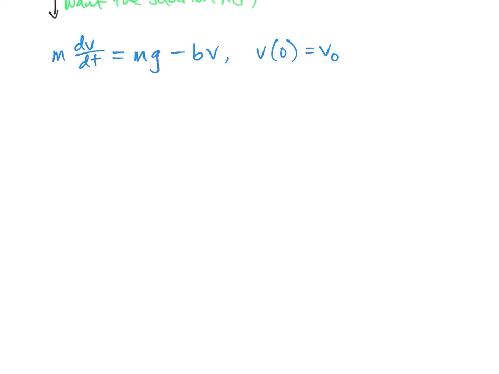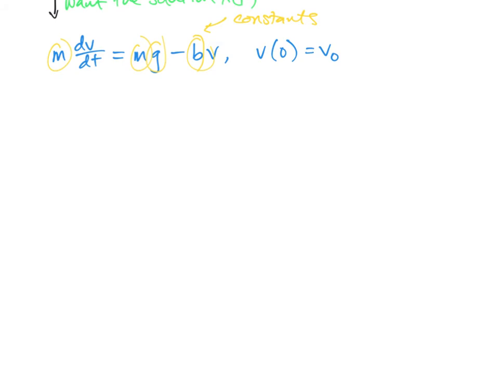It is an equation in v. These are all constants. And so we can see that we don't have anything crazy going on with our dependent variable v.